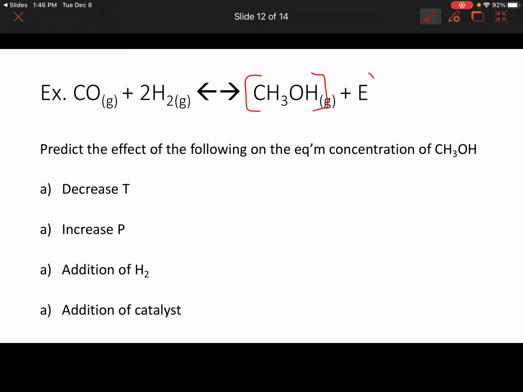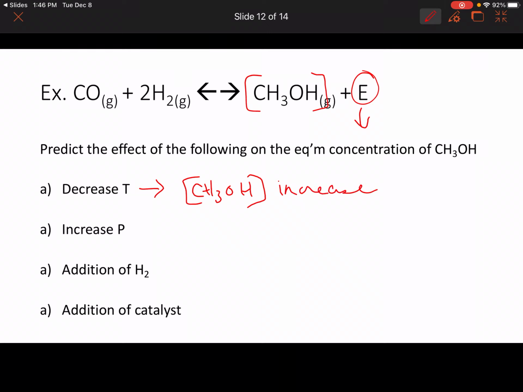So if I decrease the energy, that means the reverse reaction will not be favored because I've lowered that. So it's going to be the forward reaction, it's going to shift to the right, and the concentration of CH3OH is going to increase.